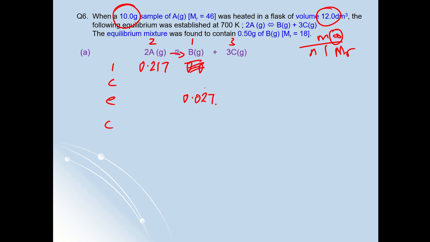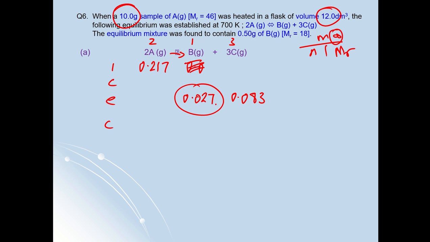Okay, now for every 1 mole of B that's made, 3 moles of C are made. So we take that and we multiply it by 3 to give me the moles of C that we'll have at equilibrium, which is 0.083. Okay, for every 1 mole of B that is made, okay, 2 moles of A must have reacted.